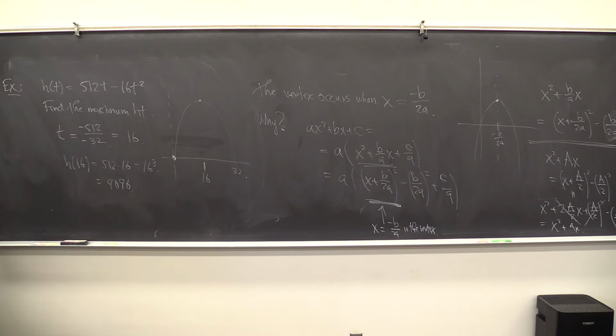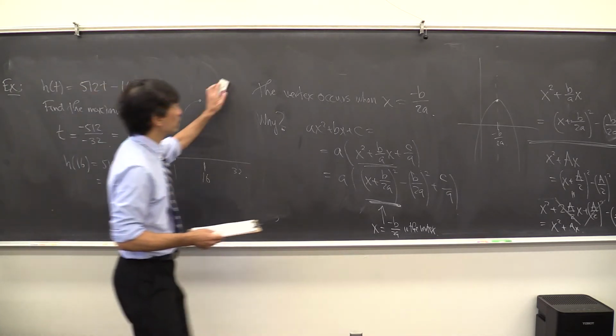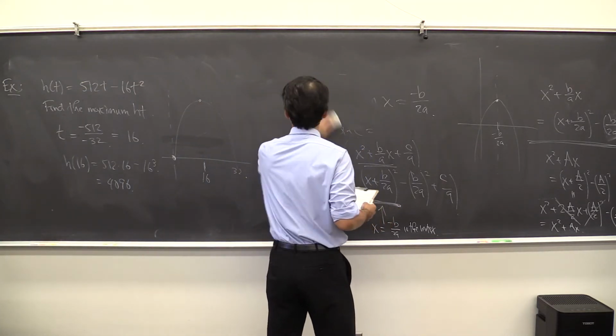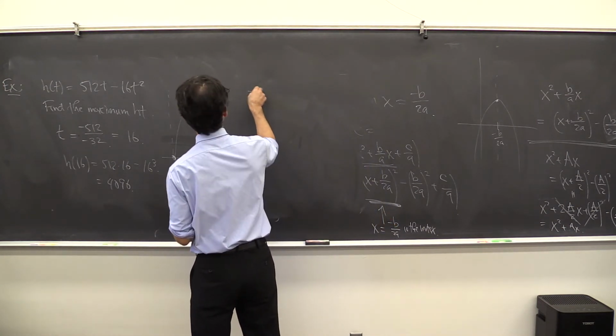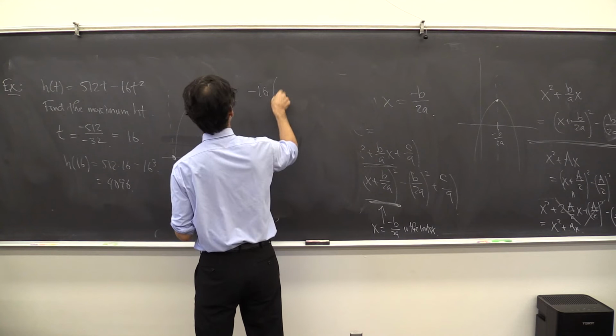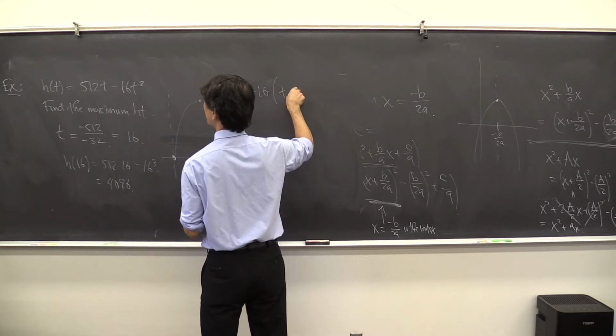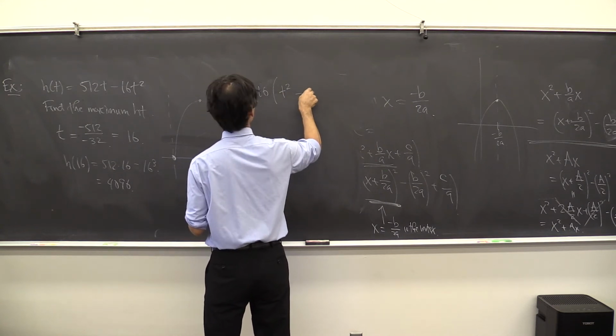Yes, Frank. So I did it very differently. Yeah, let's hear about it. I tried to complete the square, and I was confused because I pulled the negative 16 out, and then it was t squared plus 32t. So negative 16 t squared minus 32t.